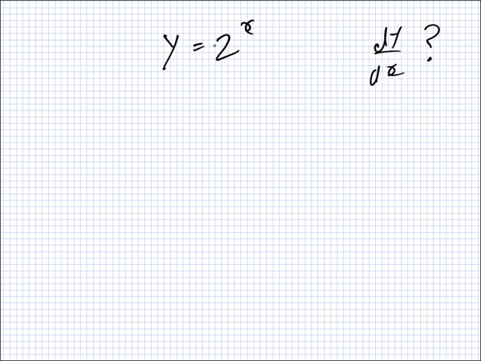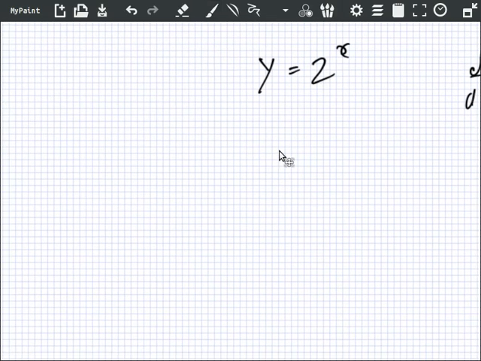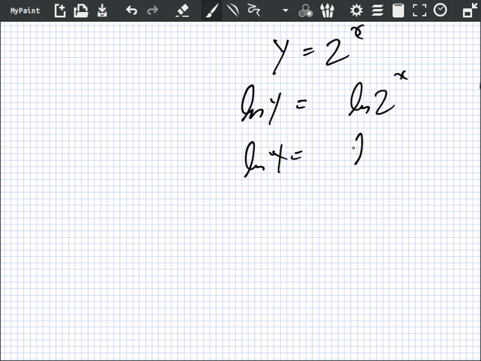Yeah, we can use implicit derivatives. So watch carefully. Watch what I'll do. First, I'll put log on both sides. So then that's log y equals log 2 times x.